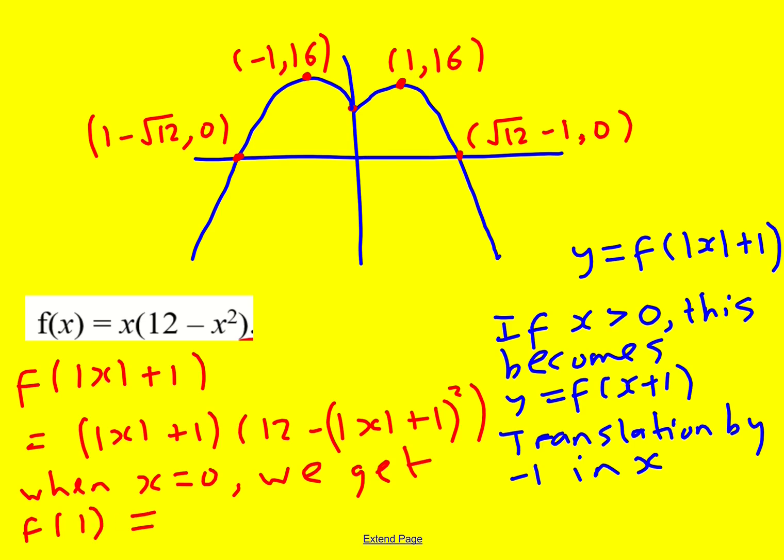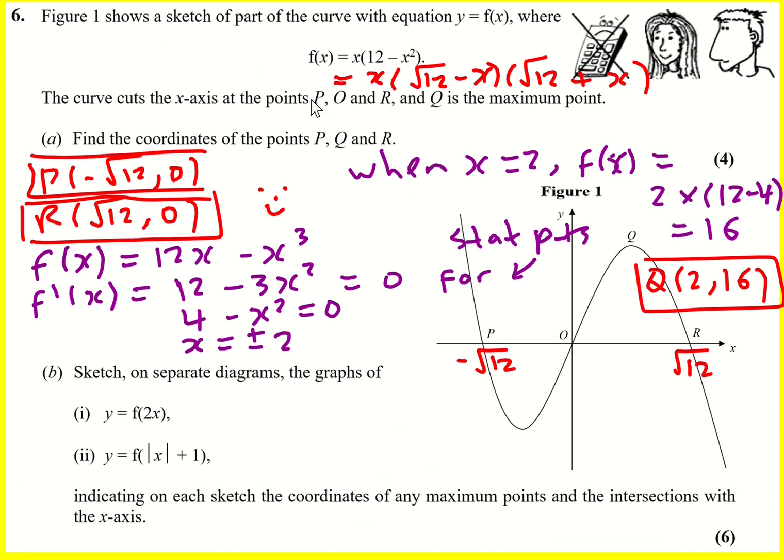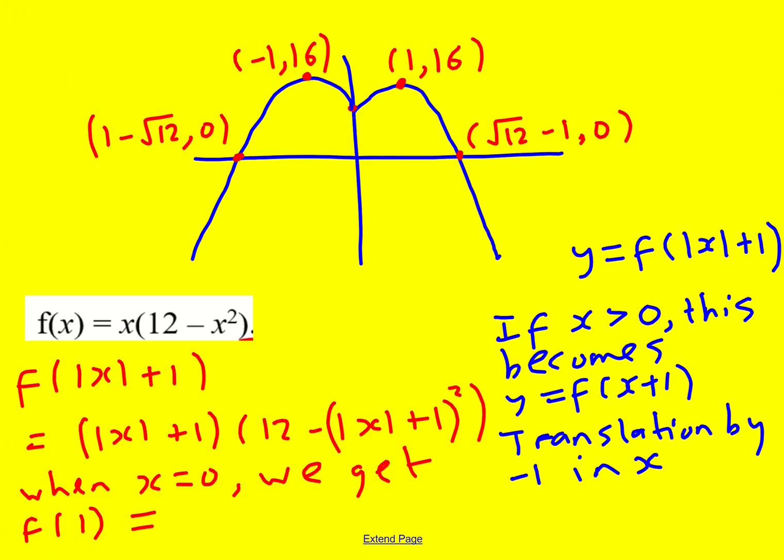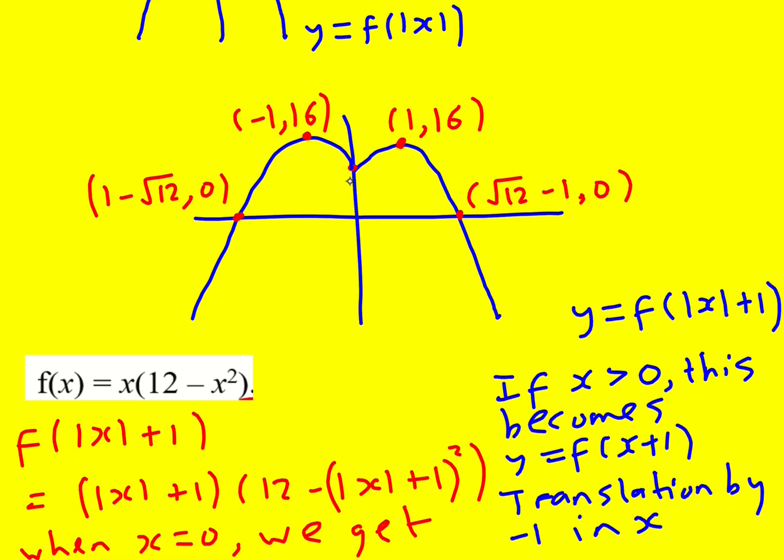And actually, I could have just put this into the original function. That would have been a lot easier. So it's going to be 1 times 12 minus 1. It's going to be 11. So this point here is going to be 0, 11.